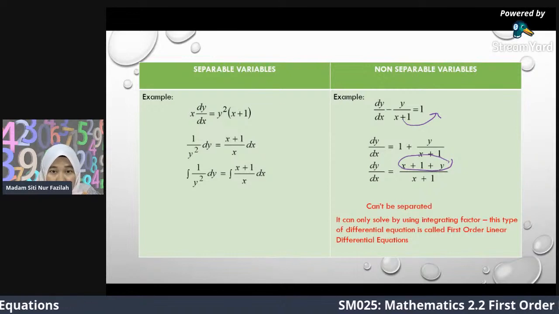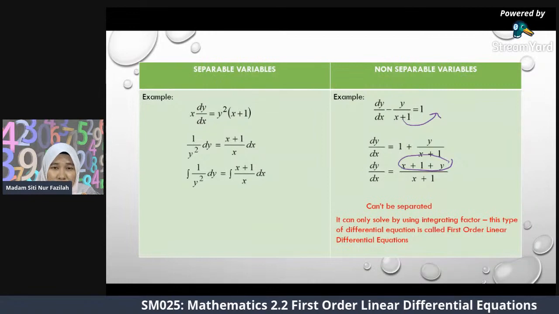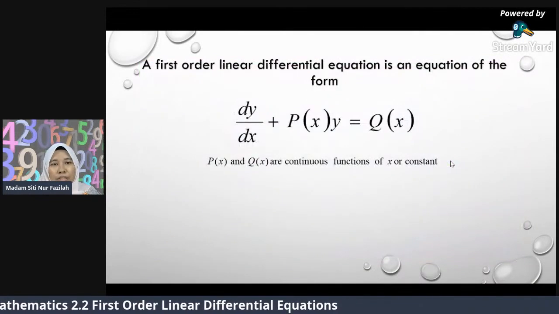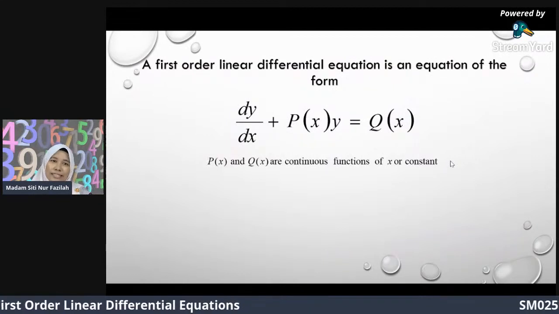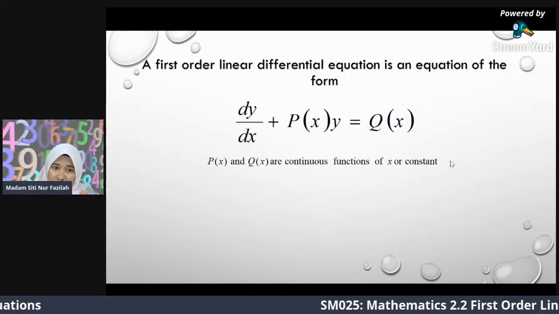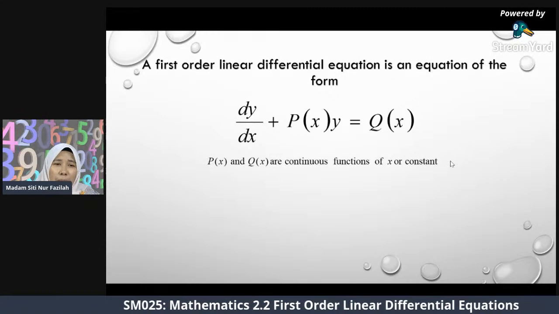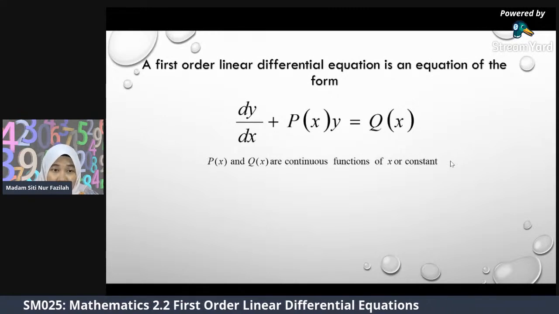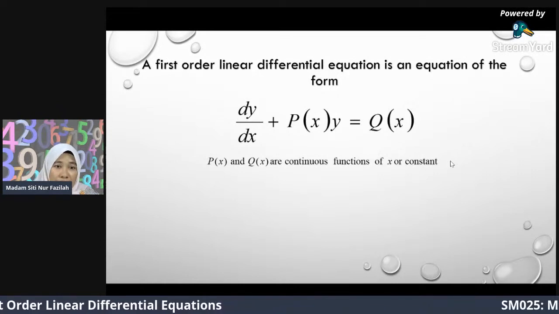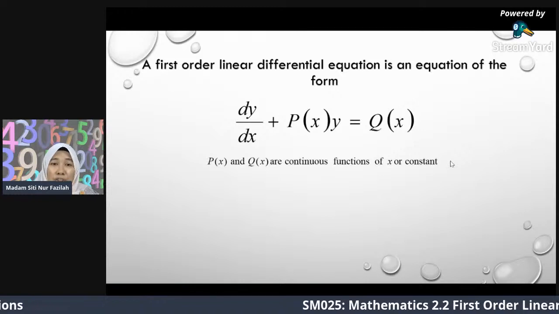We must understand what a first order linear differential equation is. It is an equation of the standard form dy over dx plus function p(x) times y equal function q(x).